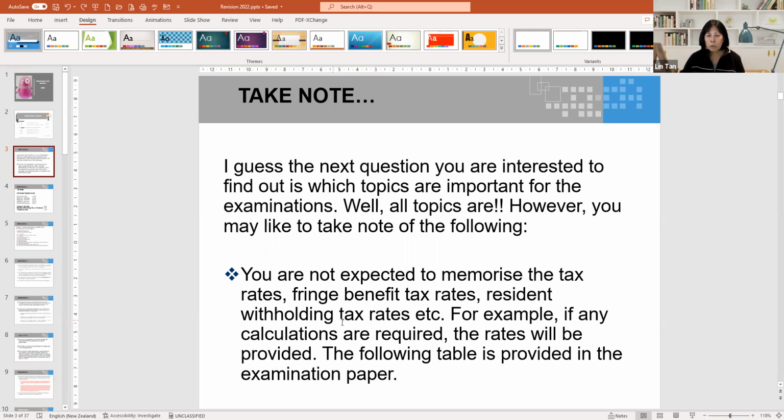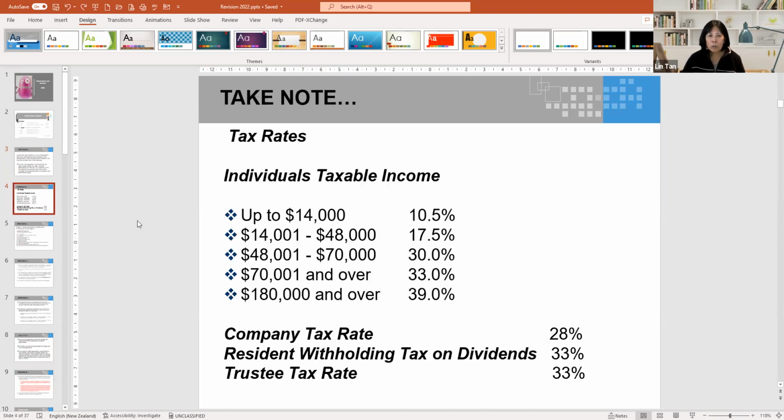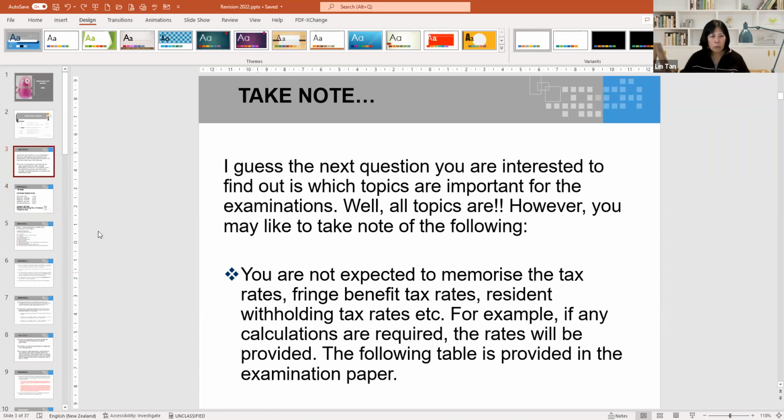If you're expected to do any tax calculations, the rates will be given to you as shown in this manner. You'll be given the corporate tax rate, the resident withholding tax rate, and on dividends, the trustee tax rate as well. So you don't have to memorize tax rates.